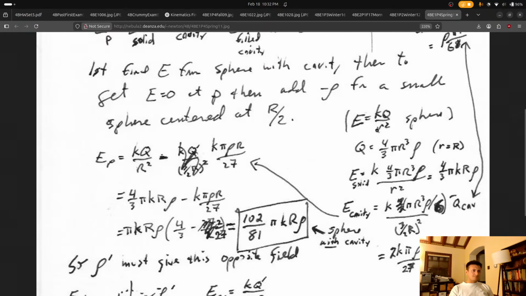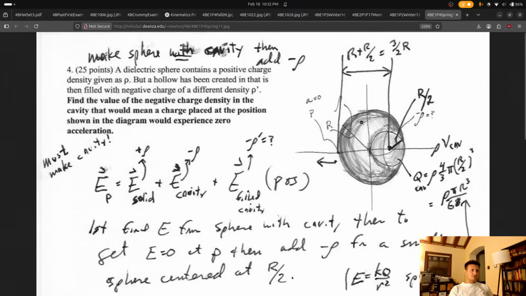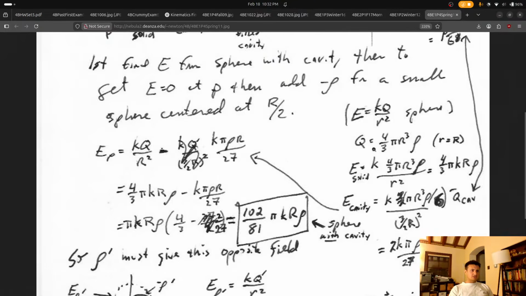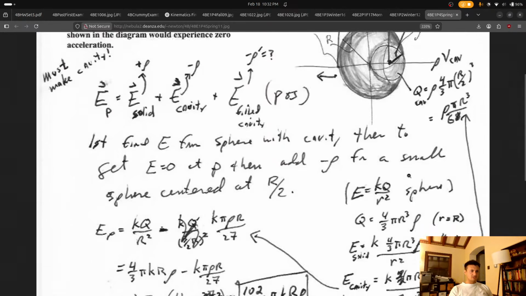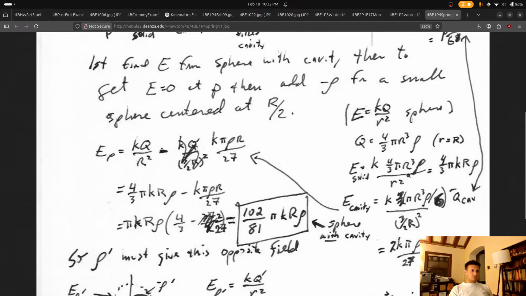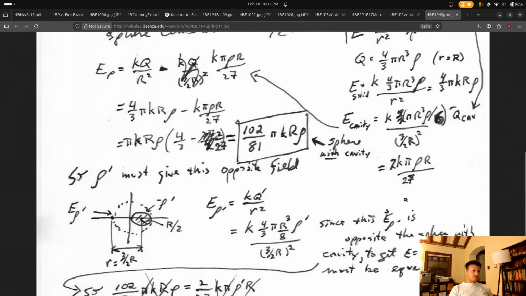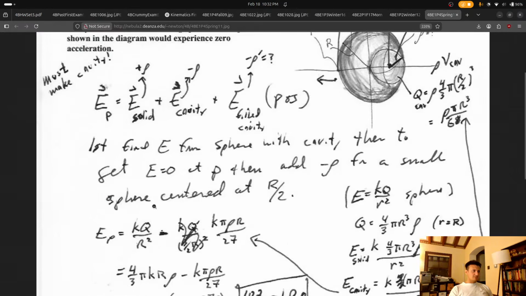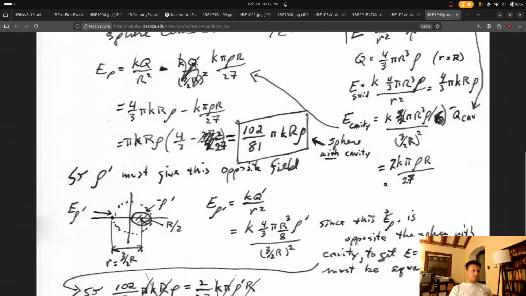Um, this is the sphere. q. If he finds q, so then he does this thing. Do the solid. Do the cavity. And then where's the minus rho part?